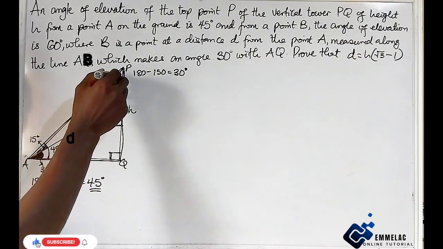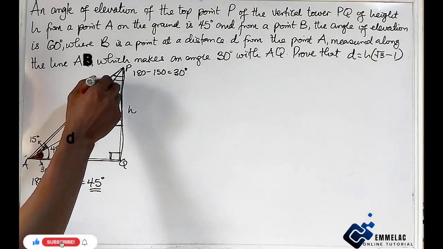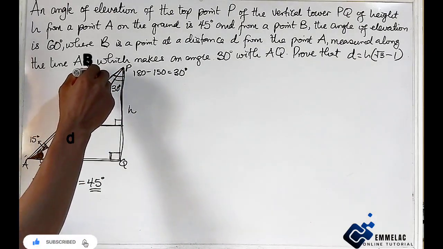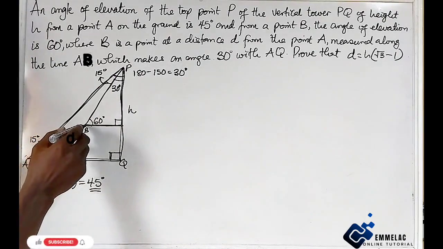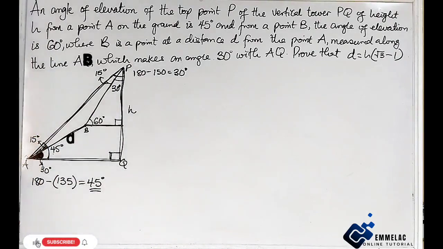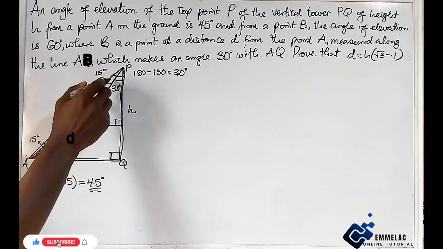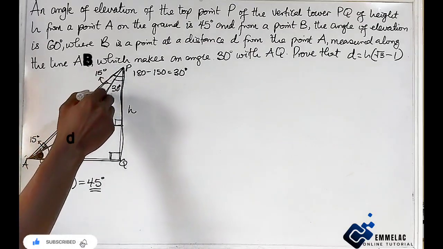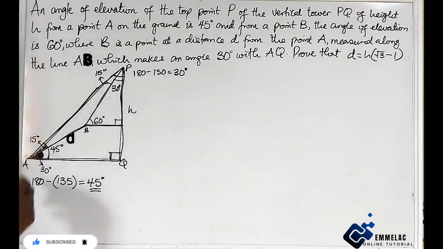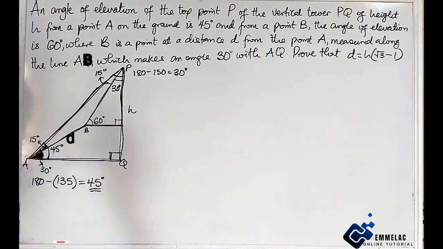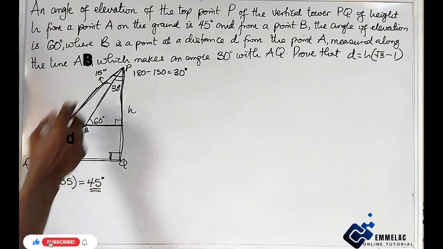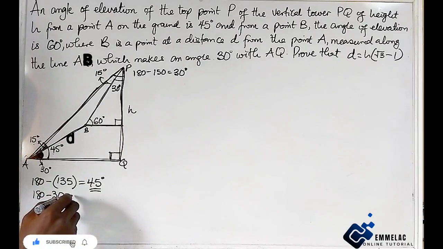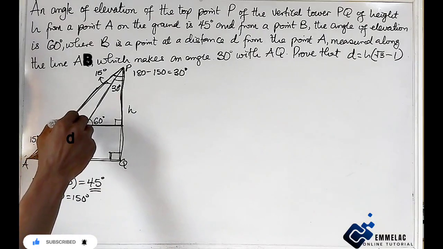Now if the whole of this place is 45 degrees and here is 30 degrees, it means that this part will give us 15 degrees. All right, I guess we are getting something here. So now if here is 15 and here is 15, by the triangle law that says the total sum of angles in a triangle is 180, we can imply that 180 minus the sum of 15 plus 15, that will be 30, which will give us 150. So here is 150.